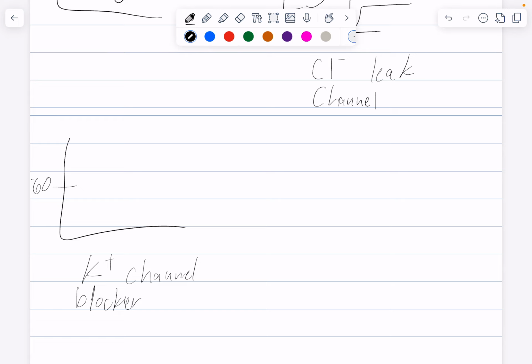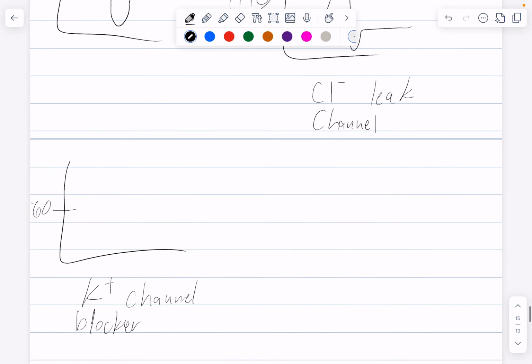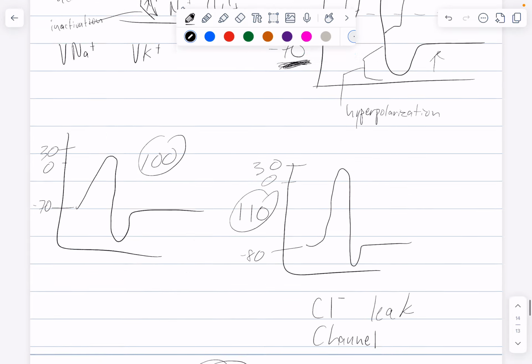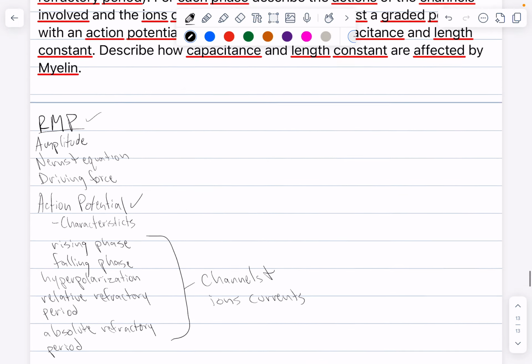Well, it still gets out of the cell, just slower. So it'll make it about 90 for the amplitude.